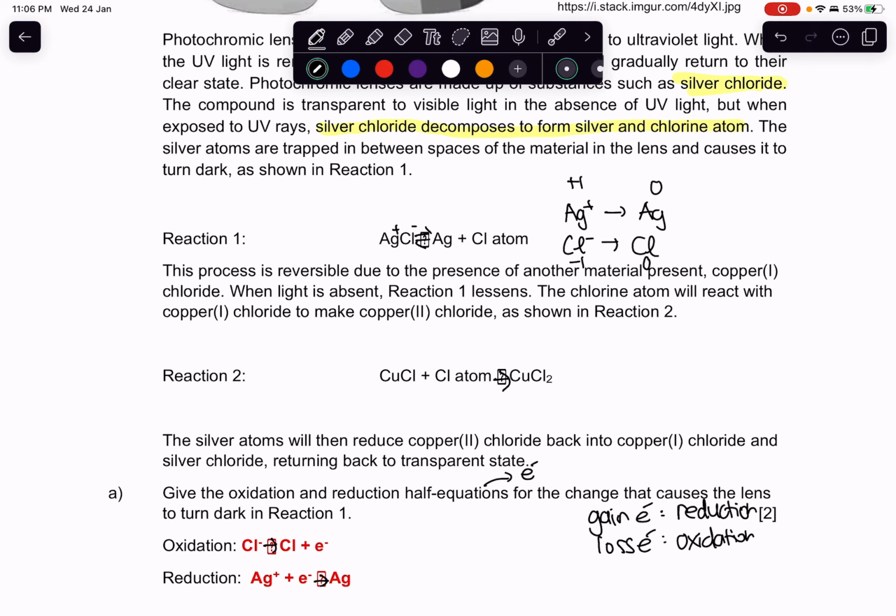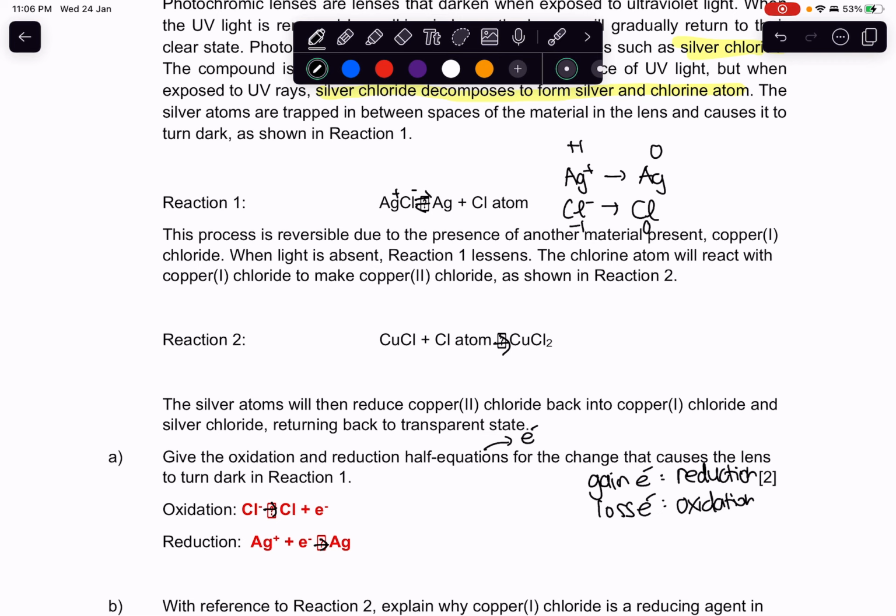Because the question is asking for half equation, you do not need to show the OS in the answer, but you can use the OS to help you quickly pick out whether it is an oxidation or reduction reaction. Because reduction is gain of electron, you must know that it's Ag plus plus e giving Ag. And this is your reduction.